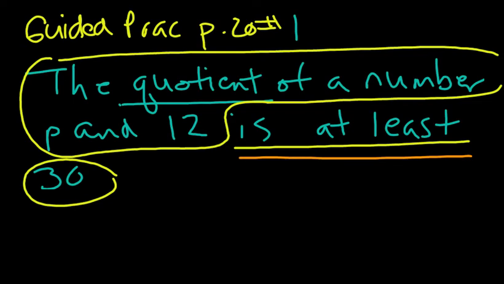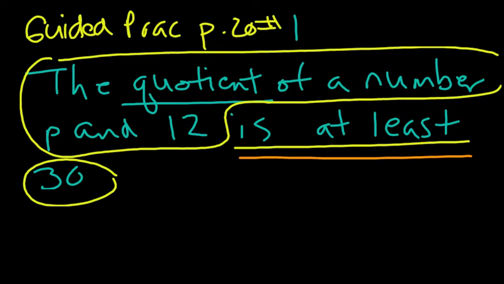That's going to be an inequality sign because is at least goes with inequalities. Plain old is means equal. So here's one side, here's the middle, which is going to be one of those four signs, it's an inequality, and here's the other side. If you break it apart, that helps.